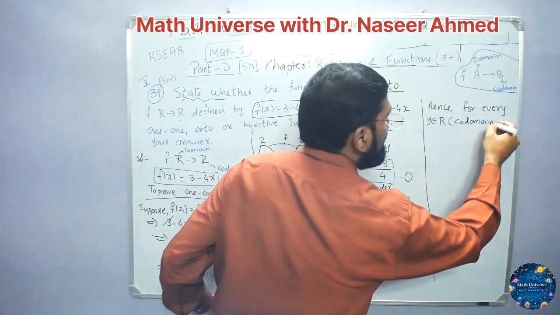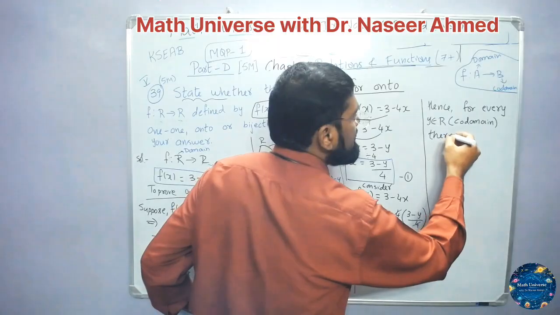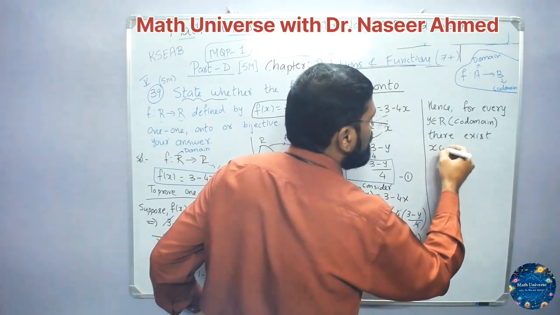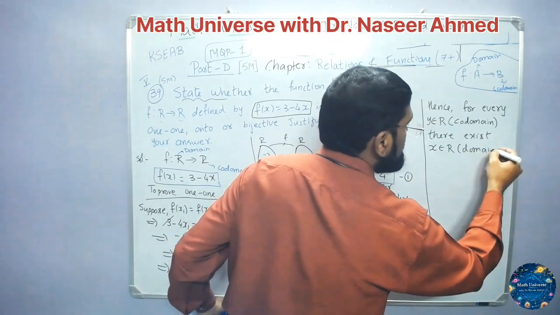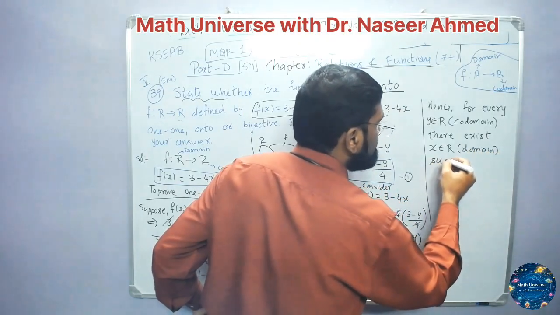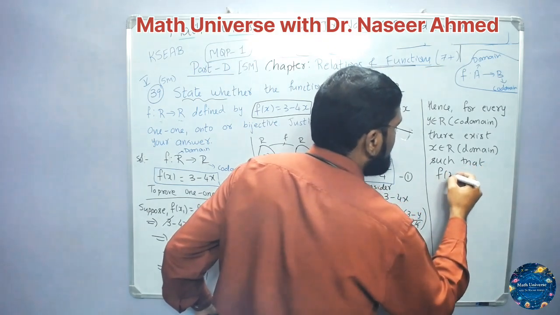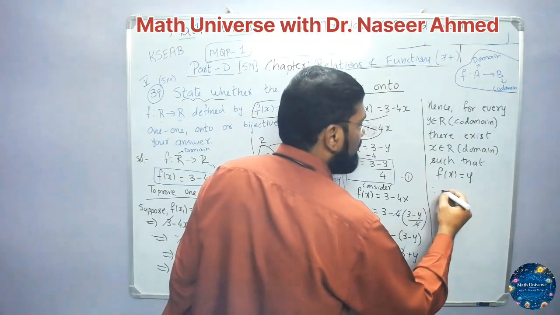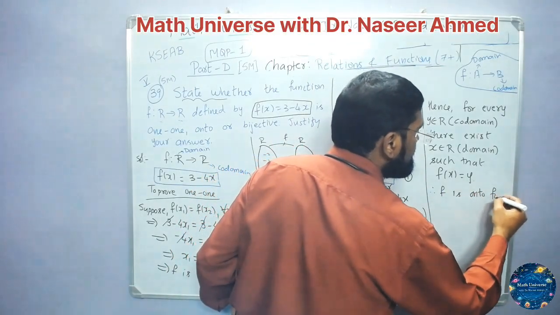For every y belong to R codomain, there exists x belong to R domain such that f of x is equal to y. Therefore, f is onto function.